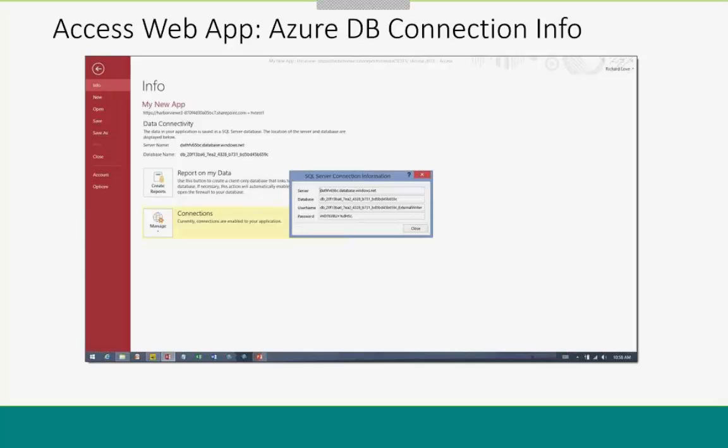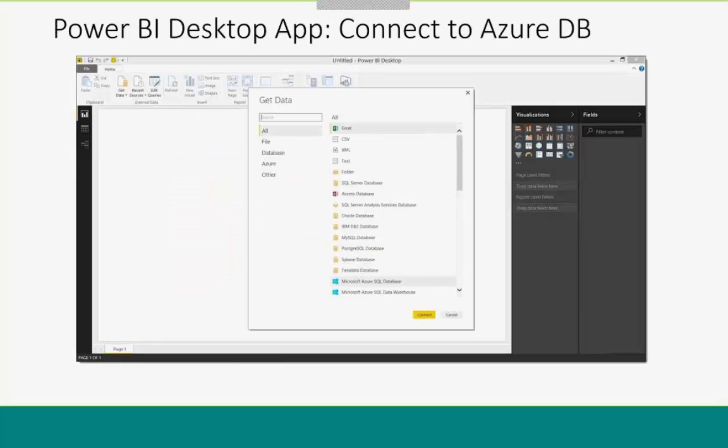You can get that Azure database information so that you can connect Power BI to the data, or I'll show you the use of a data mart, so another Access database to that info. And so if you go into Power BI, you can see this down below. What I'm showing you is the desktop app.